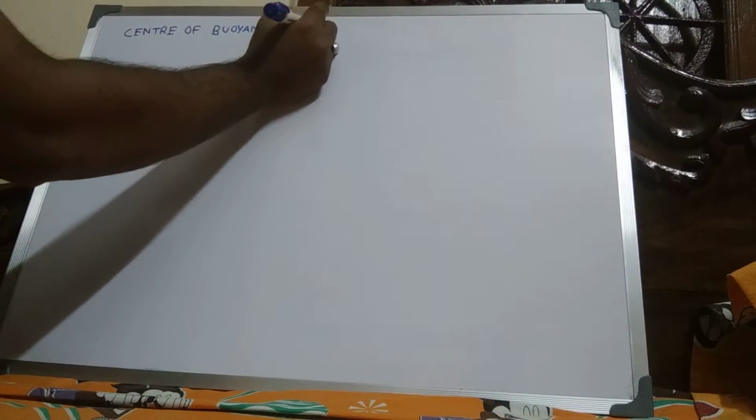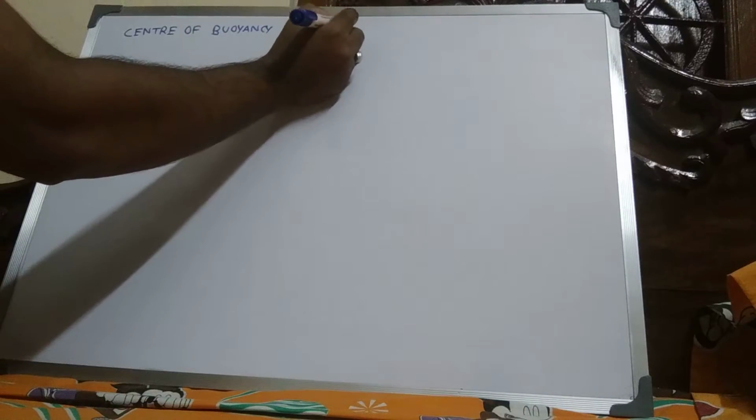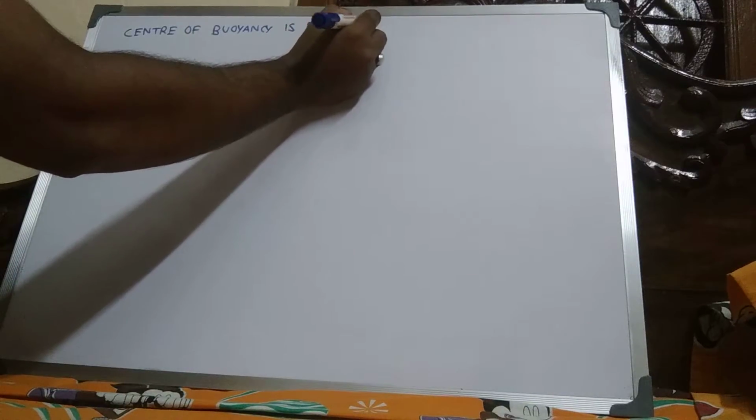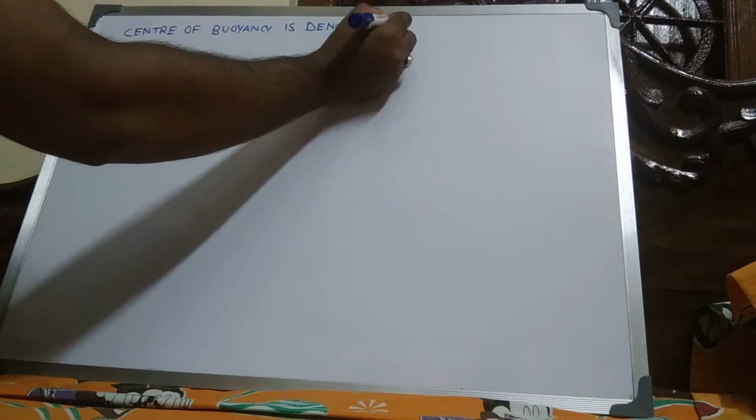Understand? Center of buoyancy is denoted by capital B.